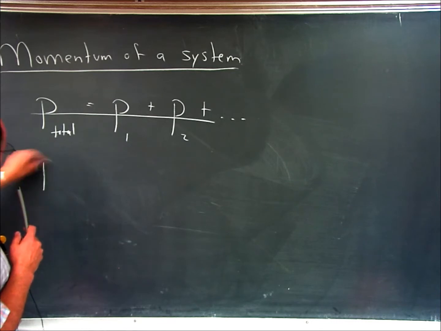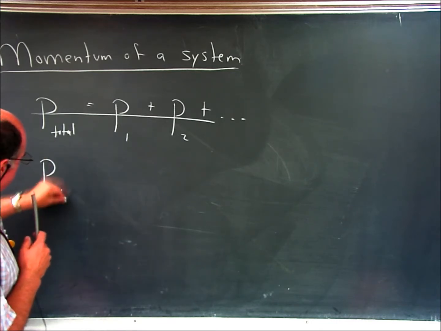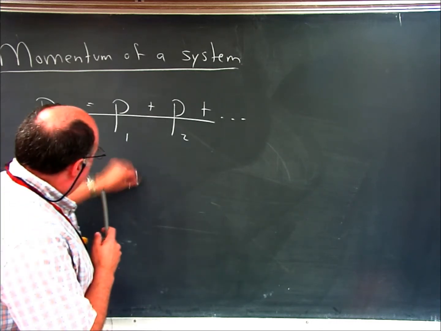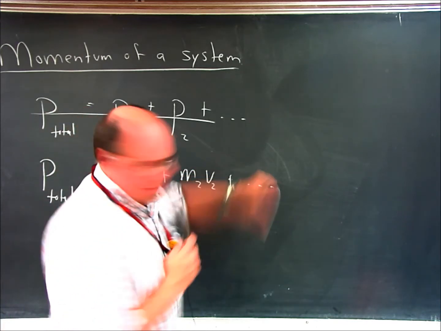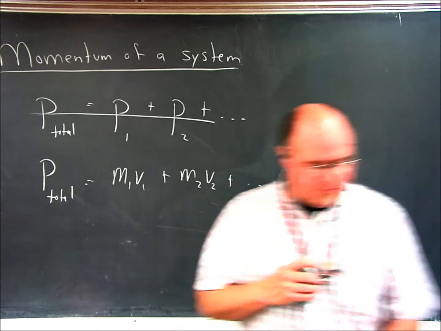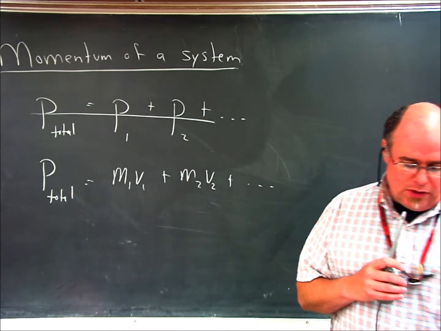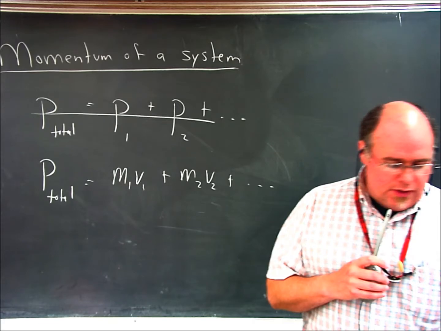So the momentum of the total system equals m1 v1 plus m2 v2 plus however many more we have.